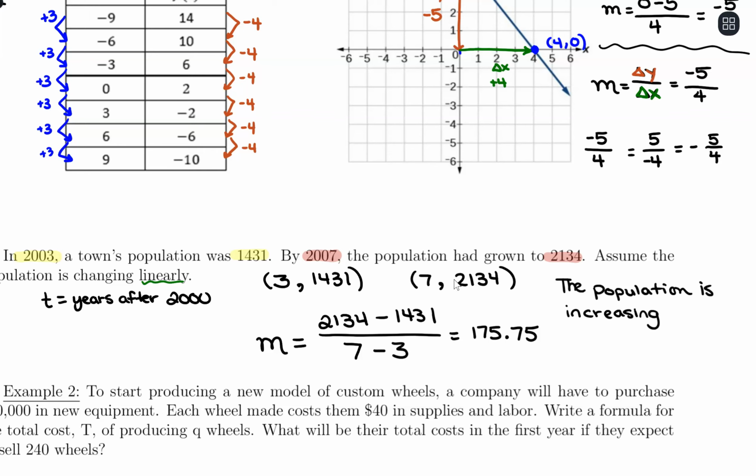And the rate is, in our numerator, we're talking about our population, which is the number of people, and in the denominator, we're talking about time, which is in years. So this is the number of people per year. So it's increasing by 175.75. If I wanted to round that to a whole number, we could. People per year.